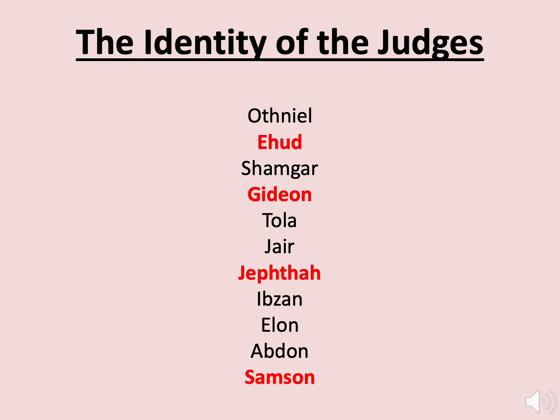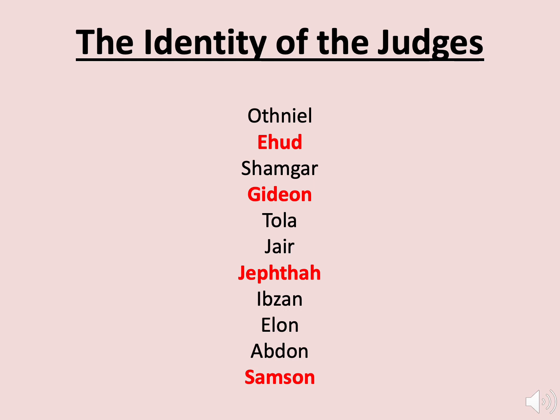These four, Ehud, Gideon, Jephthah, and Samson, receive chapters describing the work that they did. Thus, they're major judges. This is probably not a distinction that the Israelites would have had. For them, they were just judges. But at least for our understanding, we understand minor judges and major judges, simply based on the amount of text that is given to that particular judge's story.